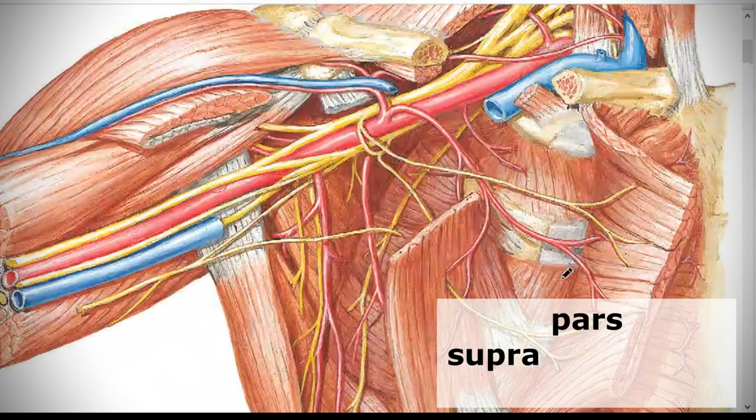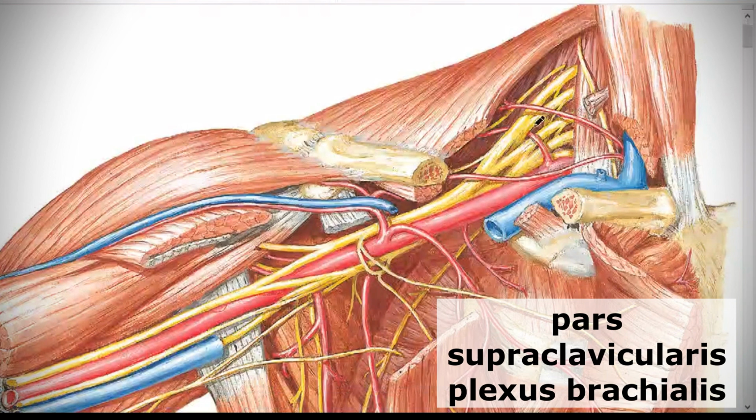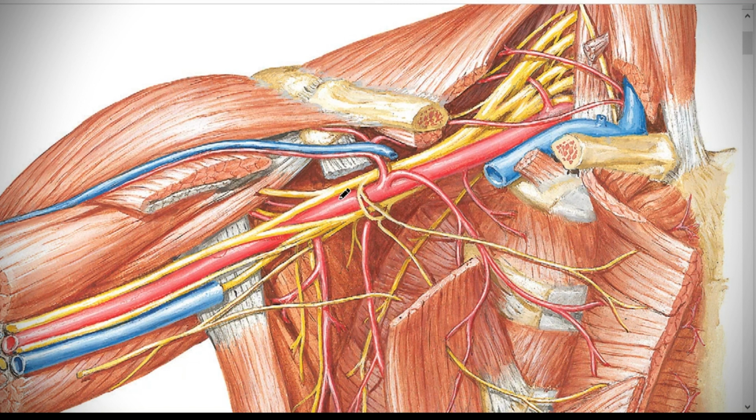Pars supraclavicularis is formed by these trunks and situated with arteria subclavia in this space, in spatium interscalene. Then all its trunks go down and enter the axillary cavity. It goes to cavitas axillaris and surrounds arteria axillaris.